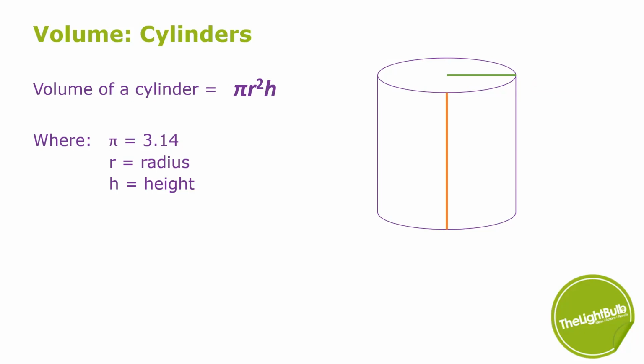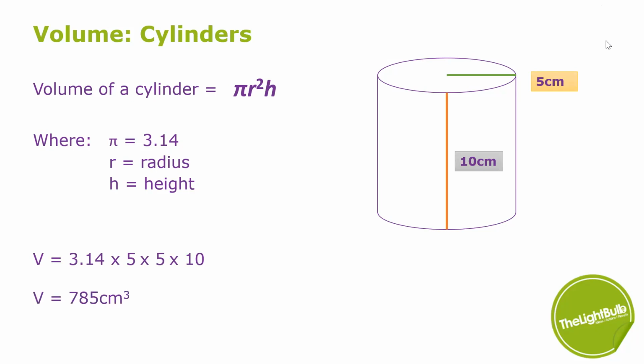So if we put some measurements onto this cylinder, we've got a height of 10 centimeters and a radius of 5. So what we do, putting that into the formula, pi r squared first of all, so 3.14 times 5 times 5, and then we multiply that by the height, which is 10. So our answer comes out 785 centimeters cubed.